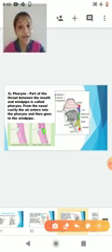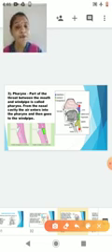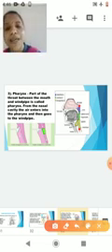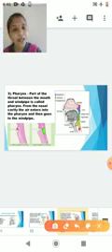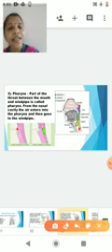Now, to prevent that, there is always a flap of skin, and that flap of skin is called the epiglottis. See here, this is the epiglottis. You can see the epiglottis is kept open and the air is entering into the trachea at the time of respiration. Now in this diagram, the man is consuming food.